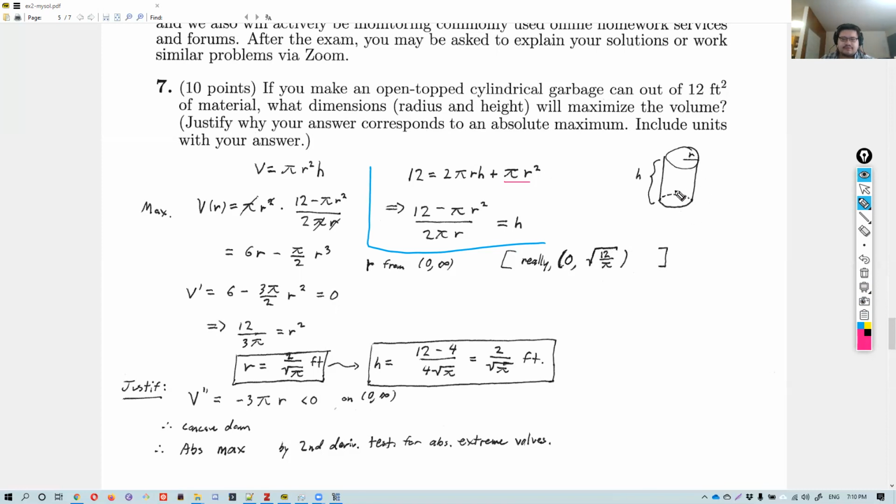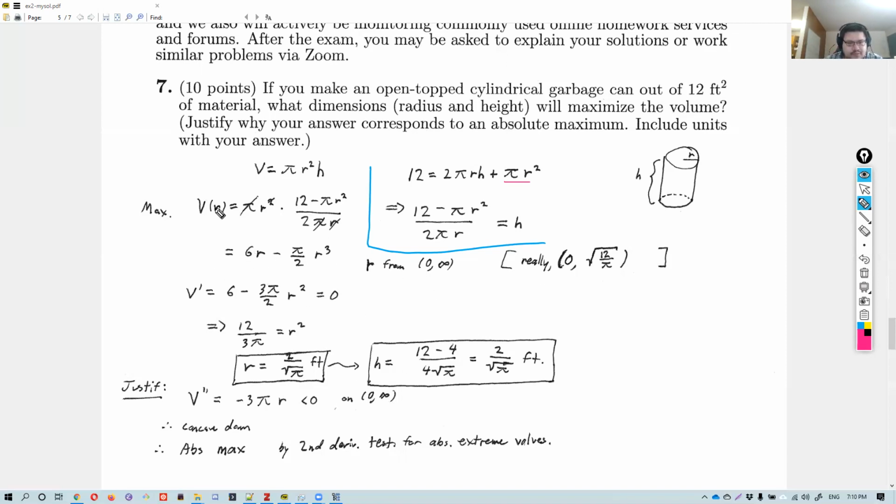And so you have no material left over for the height of it. That's basically you just set h equal to 0, and then you solve for r, and then you end up with this as being the largest amount. But we can kind of just imagine it goes from 0 to infinity. It turns out that we can just justify it using the second derivative test, which I'll explain in a minute.